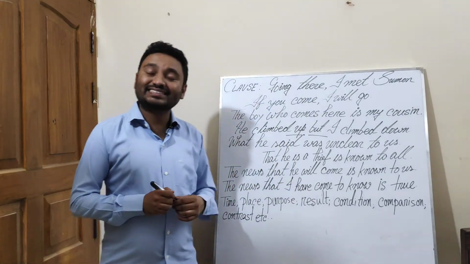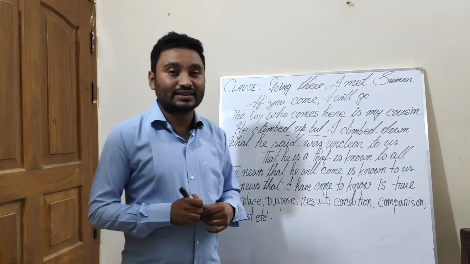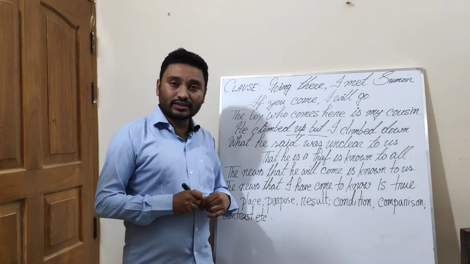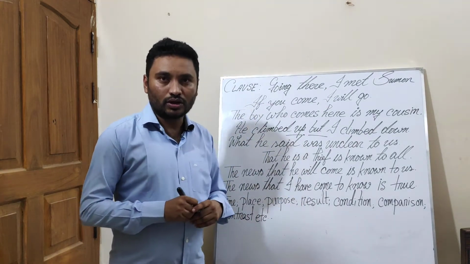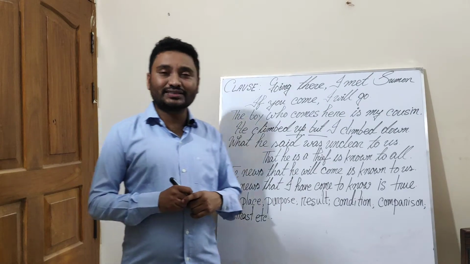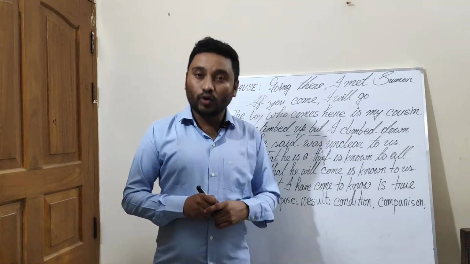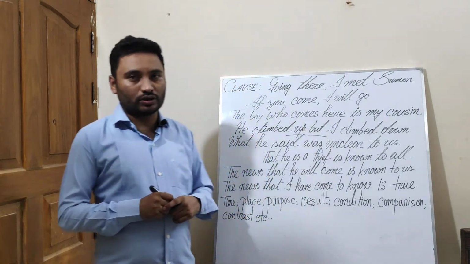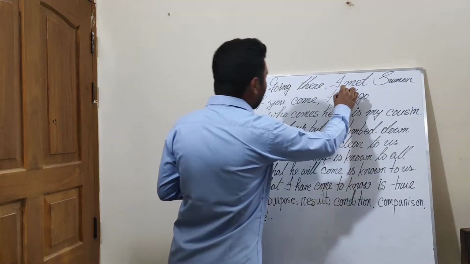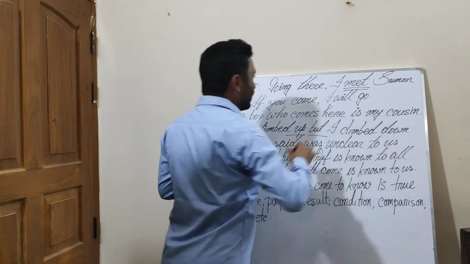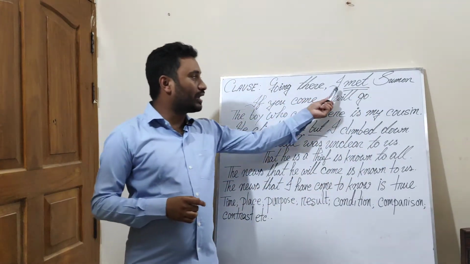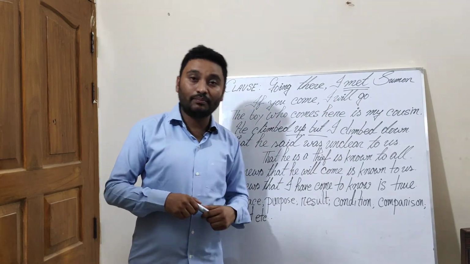If I change this sentence into present perfect tense, it will become going there, I have met Shumon. Or if I change it to future simple, it will become going there, I will meet Shumon. So this verb is changing according to the tense. And if I change the subject also, like if I say going there, he meets Shumon.